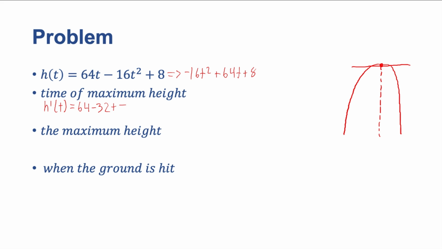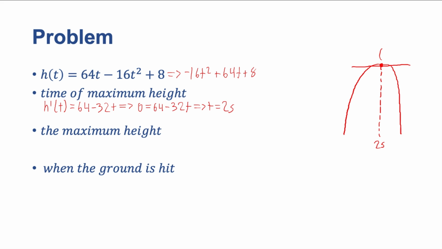If I set h prime equal to 0, so 0 equals 64 minus 32t, that means that t equals 2 seconds. So we set our derivative equal to 0 and got t equals 2 seconds. We know when this tangent line is equal to 0, it's at the maximum of our parabola, so t equals 2 seconds.